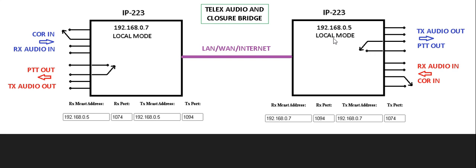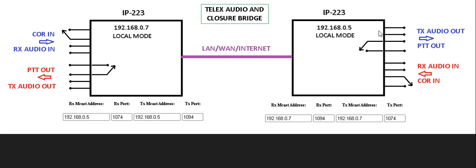And also the audio, which was designated as transmit audio, is now coming out. So what you've effectively done is you've extended this indication, the COR indication, this audio, all the way to this end. You could rename this COR and receive audio from this site here, and you've virtually extended it all the way to this side.